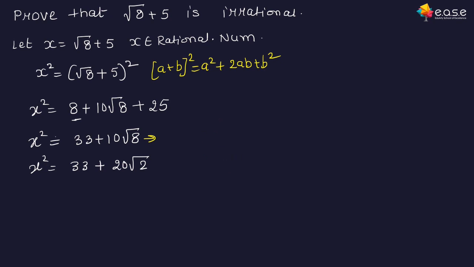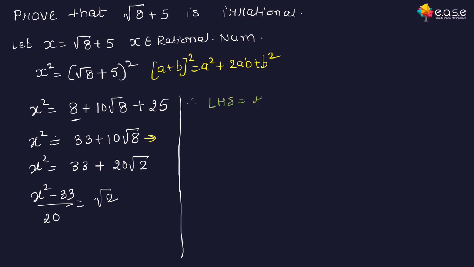Now, what you have here, therefore, is x square minus 33 divided by 20 is equal to root 2. Again we have landed into the same situation where our LHS is a rational number but our RHS is irrational, correct? Therefore LHS is rational, RHS is irrational, correct?